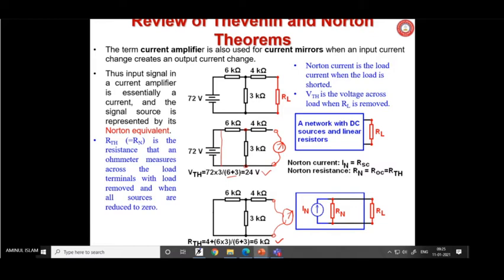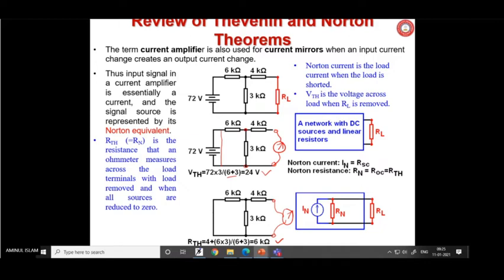And output will be taken from this side, across the RL. You see that? In applying input to the amplifier and taking output from the amplifier, the base terminal is common. So it is called common base configuration.